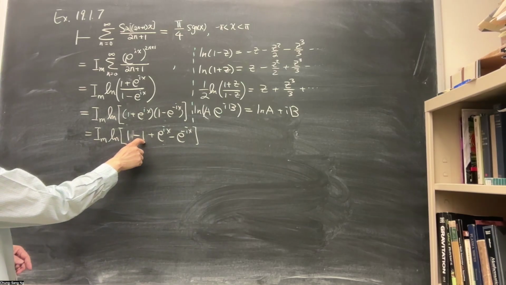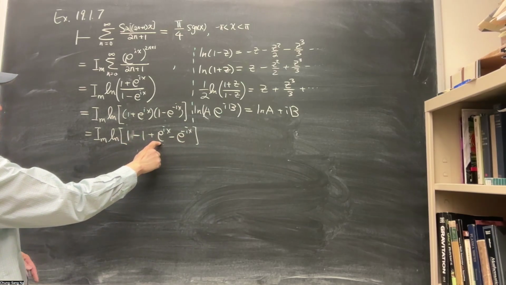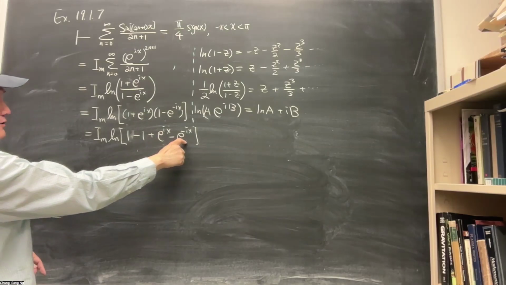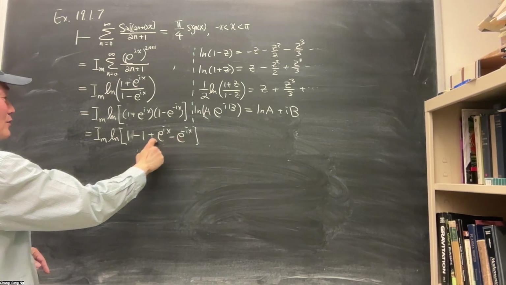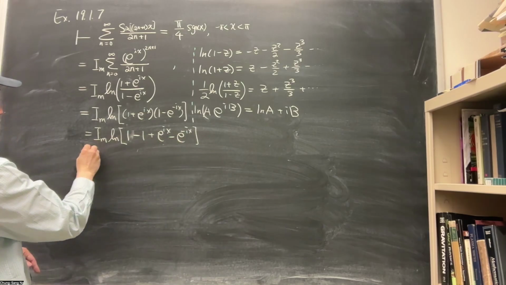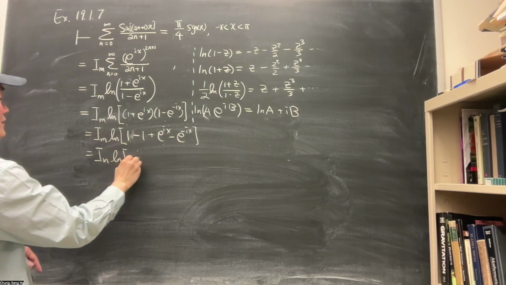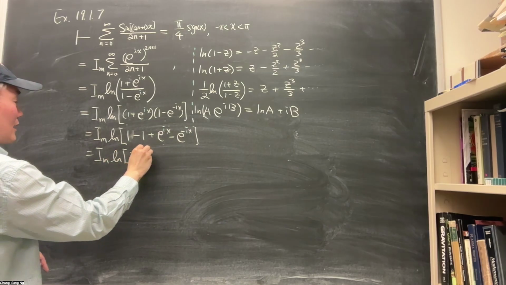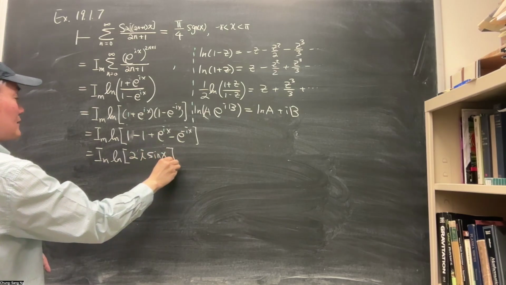So the real parts cancel. This is cosine x plus i sine x. This is cosine x minus i sine x. So cosine x cancels. So this is only the imaginary part of log of 2i sine x. Right?